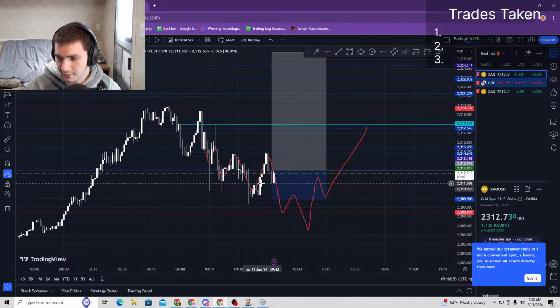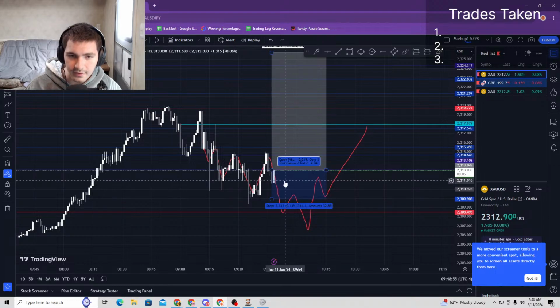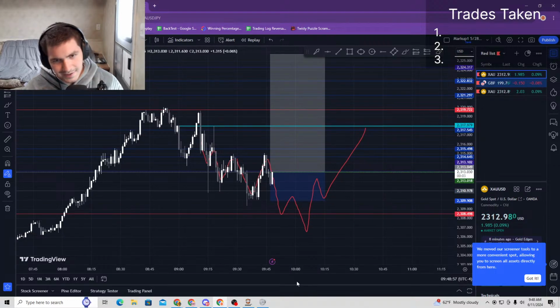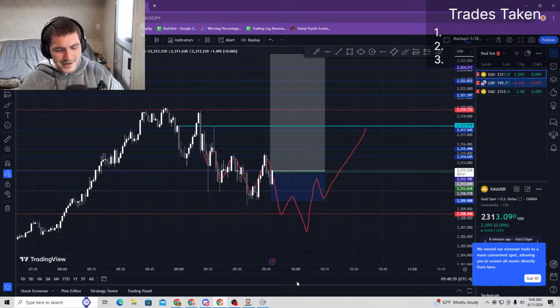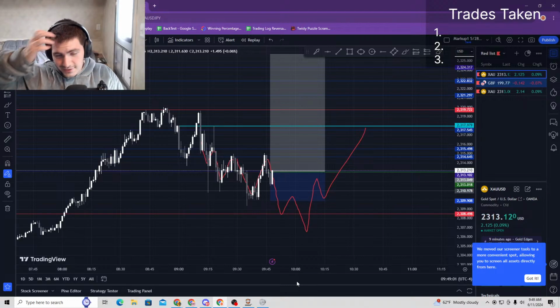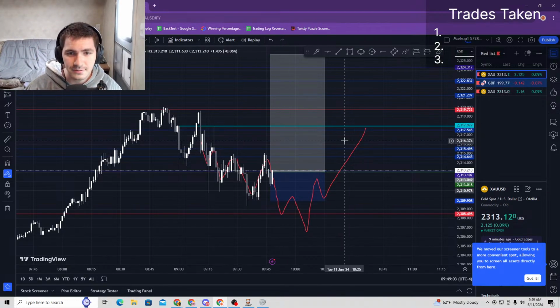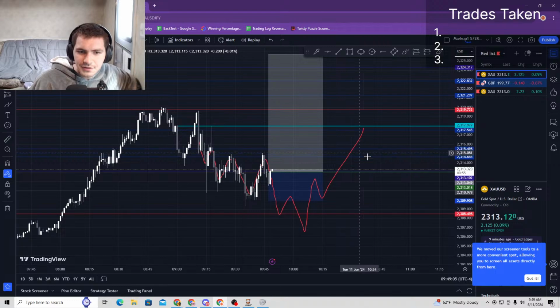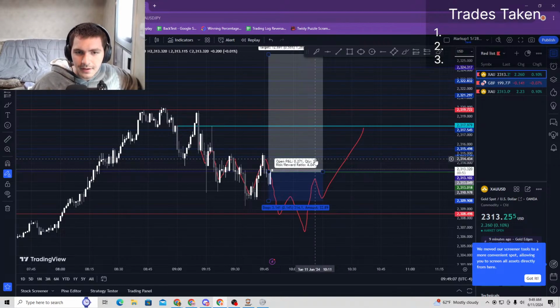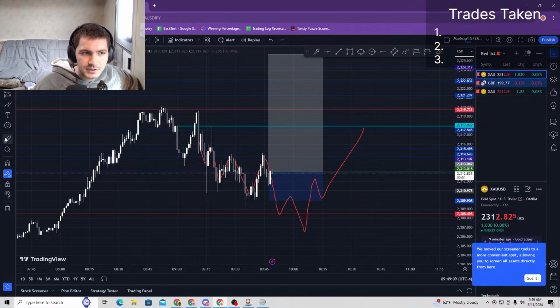It is probably a little riskier than I would have liked, but I want to start taking these trades. I know it's not good just to take a trade because I want to be in trades, but it has been a while since I've traded live, so I'm going to try to do that. Also, once we get to here and touch this again, I'm going to go break even.